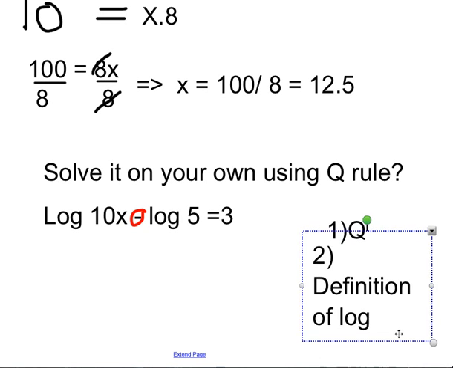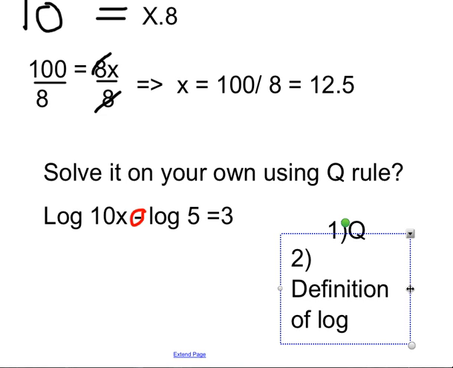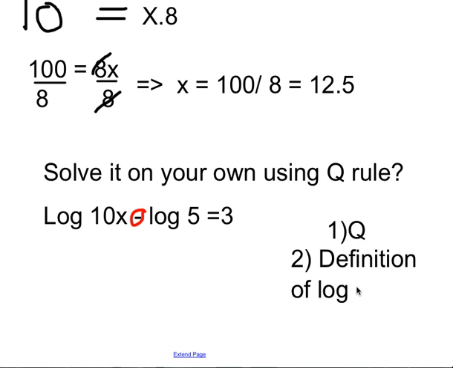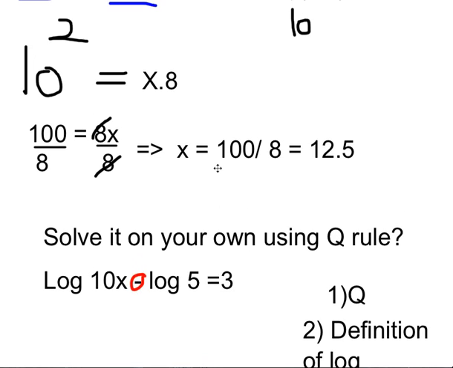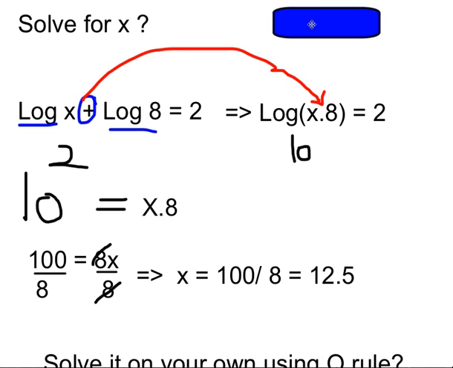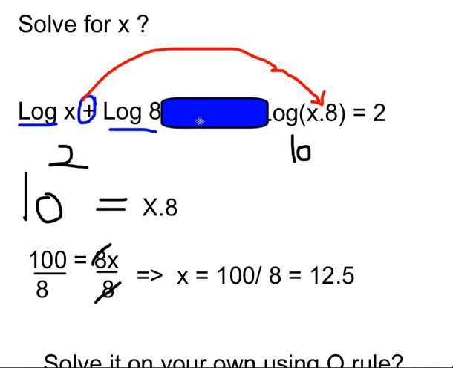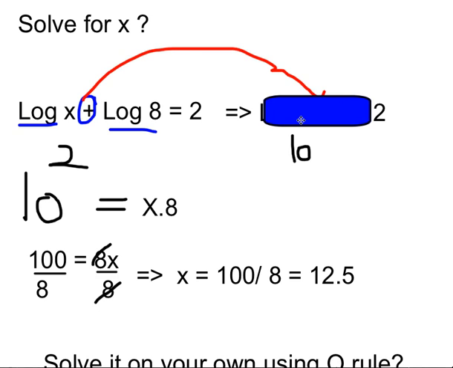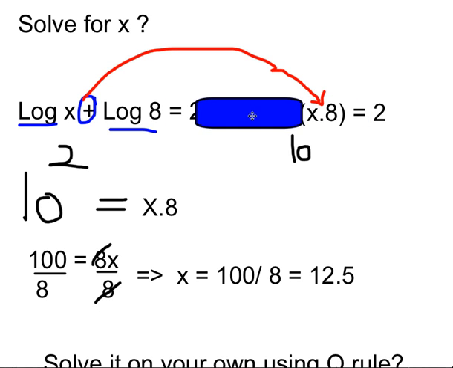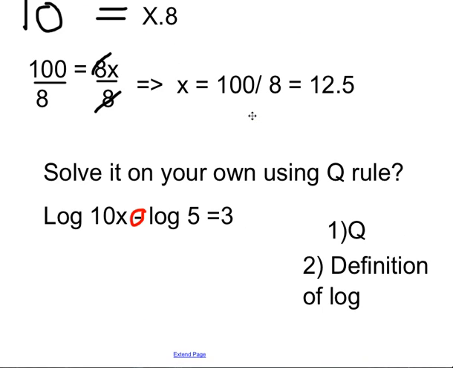It's the same thing as changing a log to an exponent. Use the definition of log, which we just did here. The definition of log is covering log and whatever is in front of it, and 10 to the power of 2 is equal to whatever number you covered. So two steps: apply the quotient rule, and use the definition of log, or simply change the log to an exponential function. Good luck.